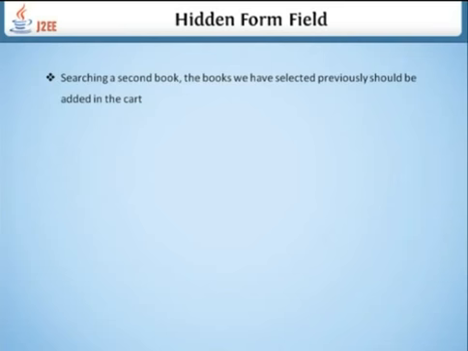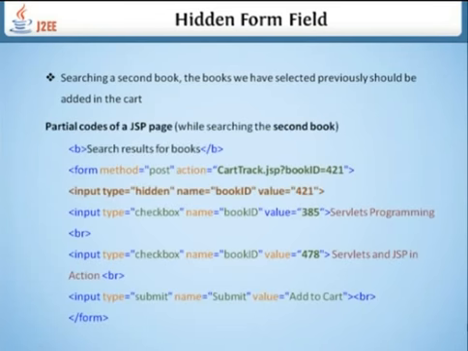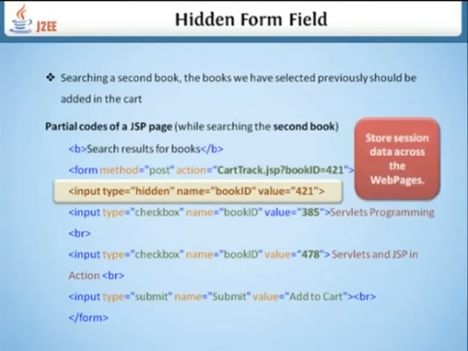Searching a second book, the book we have selected previously should be added in the cart. Here input type equal to hidden. Hidden fields can be used to hold any kind of data that we want.